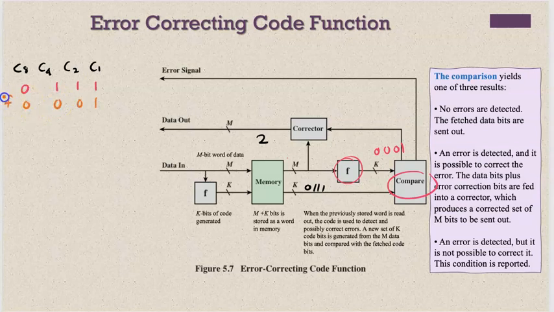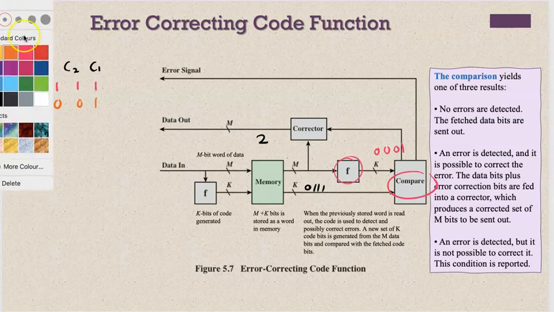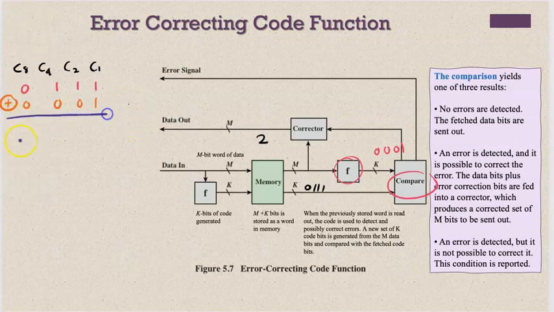Now I use my XOR function to do this. Performing the XOR function, 1 and 1 would give me a 0, 1 and 0 would give me a 1, 1 and 0 would give me a 1, 0 and 0 would give me a 0.